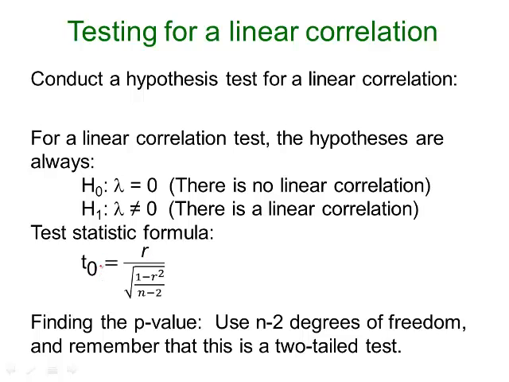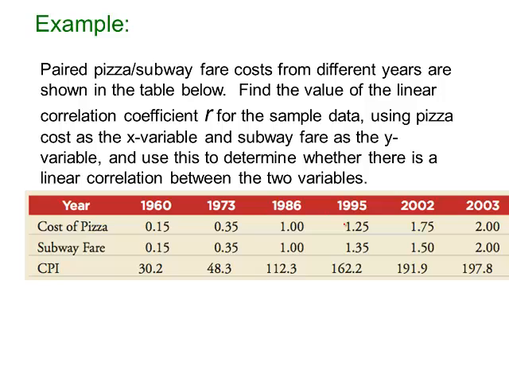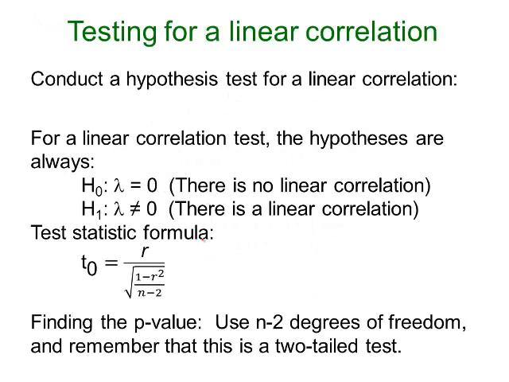Okay, so now what we're going to do is put in the value that we got for R here, and then we're going to put in the N value here. We actually had 6 data points, so our N is going to be 6. So we're going to put in 0.988. It's a little bit hard to write with this thing, so I'm doing the best I can.